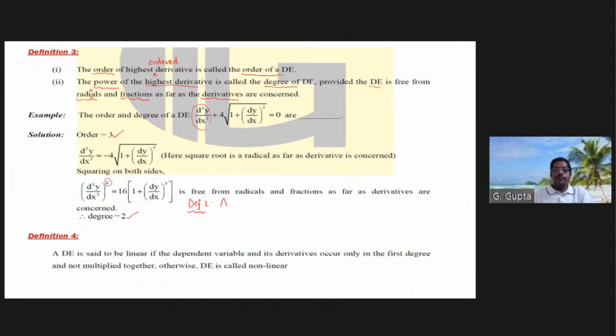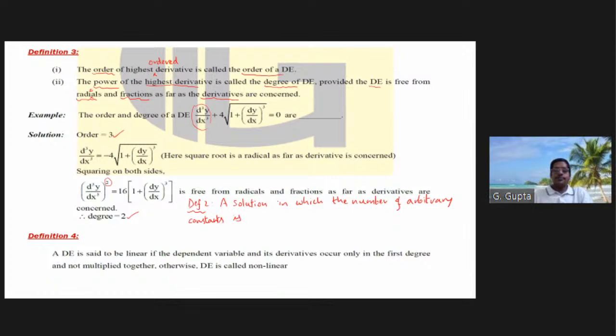A solution in which the number of arbitrary constants is equal to the order of the DE (DE means differential equation) is called the general solution. A fixed constant takes only one value, which has no change. That is called a constant or fixed constant. An arbitrary constant, also called a constant of integration, can change and vary, which we have learnt in indefinite integration.